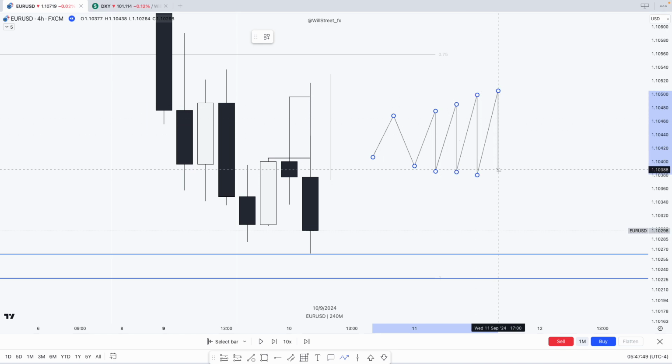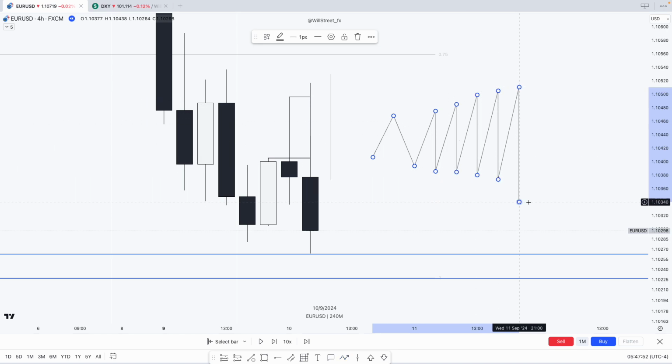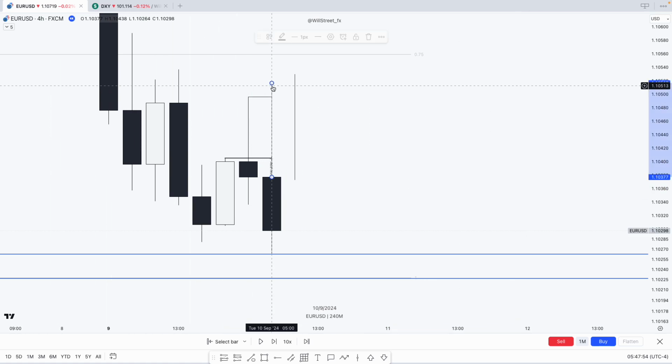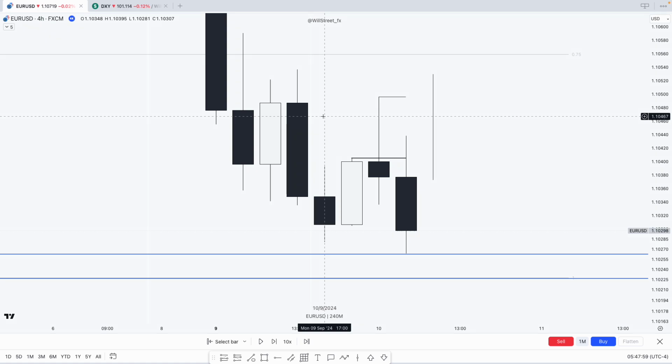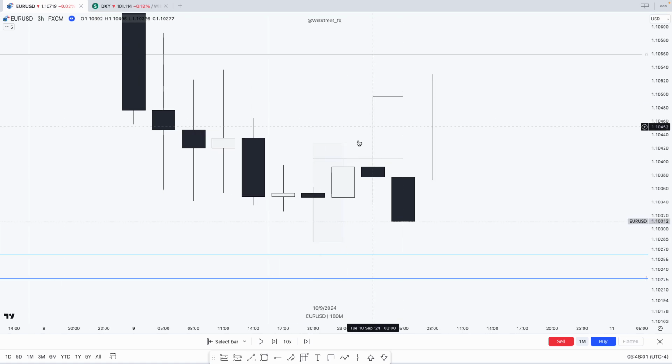And as you know, price doesn't move like this. Sometimes it needs to fail to make the higher high. The reason is that in lower time frame, you see in 3 hours, we see exactly the same here, so no problem.